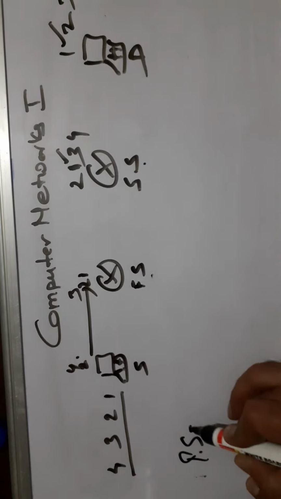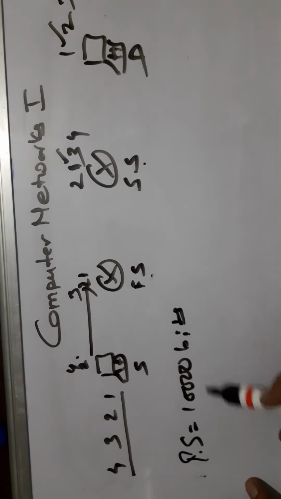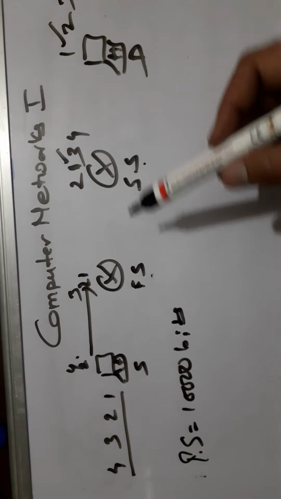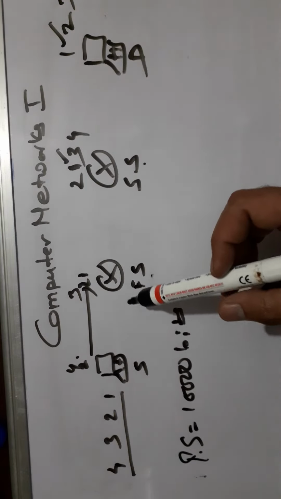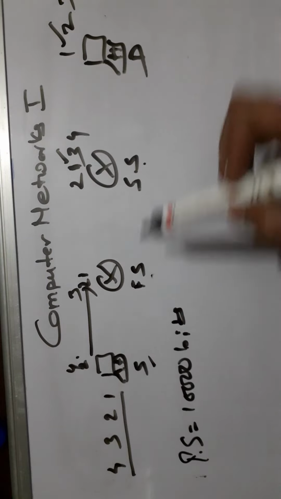Packet size is 10,000 bits. How long does the first packet take to reach from source to destination?